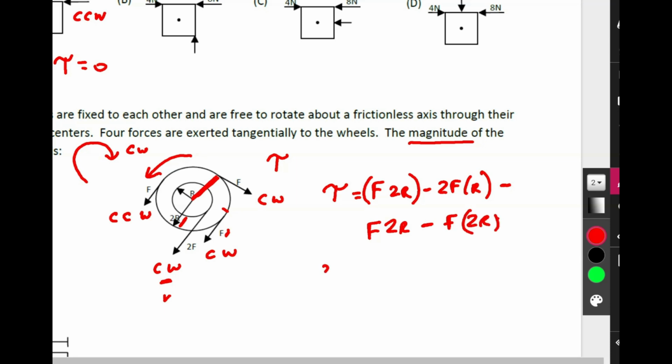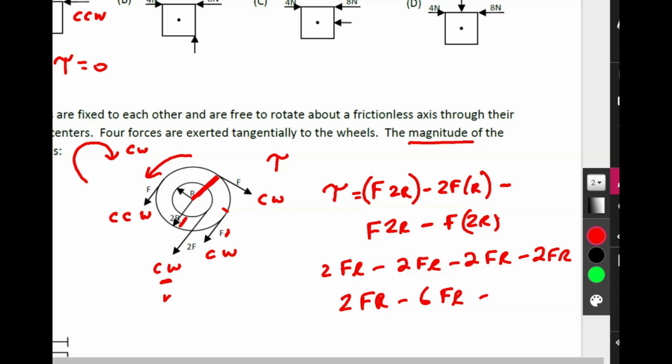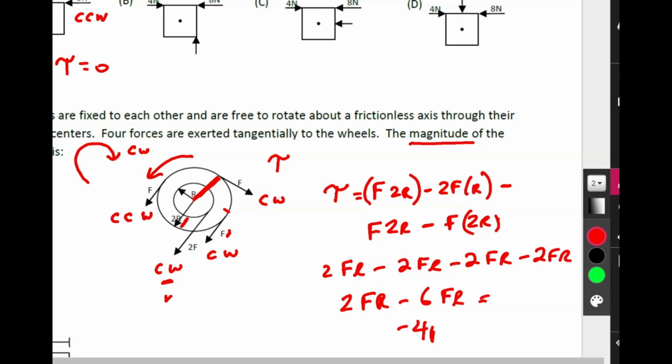So 2fr minus 2fr minus 2fr minus 2fr. Let's see if we get the answer. So that's 2 minus 2, 4, 6, 2fr minus 6fr equals negative 4fr.